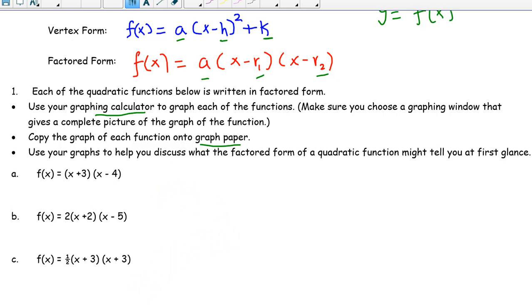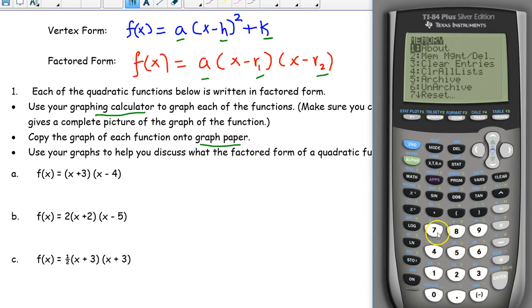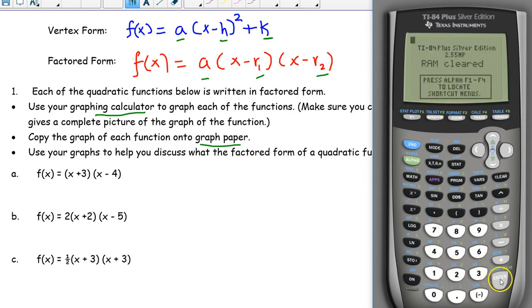Now let us go to the graphing calculator. Let me clear off everything. I'll hit the second and plus sign, go to 7, then 1, then 2, that's it, everything clear. I hit enter.